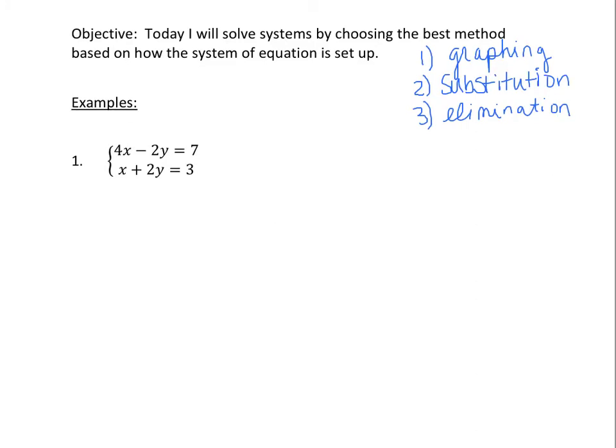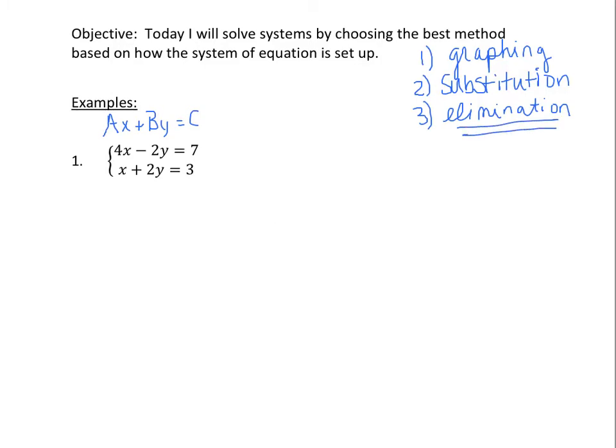What I notice is that right off the bat, my equations are in standard form because I have my x's together, I have my y's together, and then I have an equals and constant. So that's in the form of ax plus by equals c, which is exactly what needs to happen when I use the elimination method. So let's check out elimination.